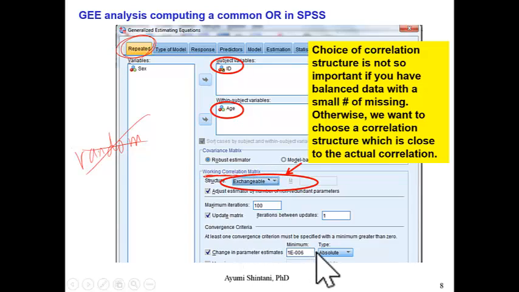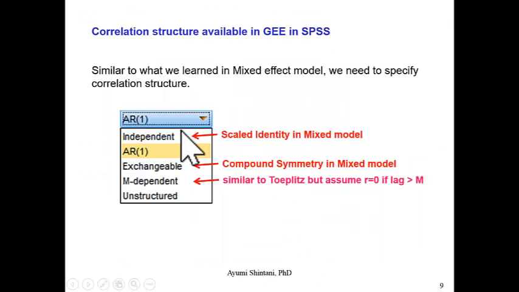If you click on that, there are 5 types of correlation structures, which is much less compared to mixed effect model. Mixed effect model has about 15 different types of correlation structures.